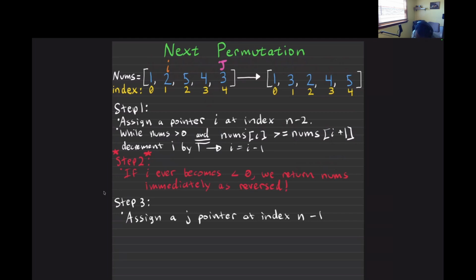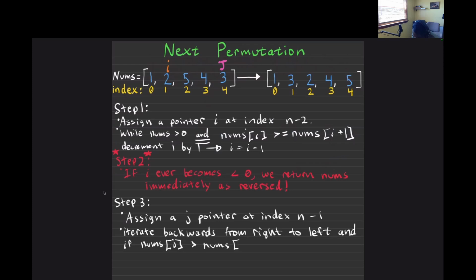So we're going to iterate backwards from right to left, and if nums of j is ever greater than nums of i, then we swap values and break out of the for loop. Okay, let's try that out, okay?